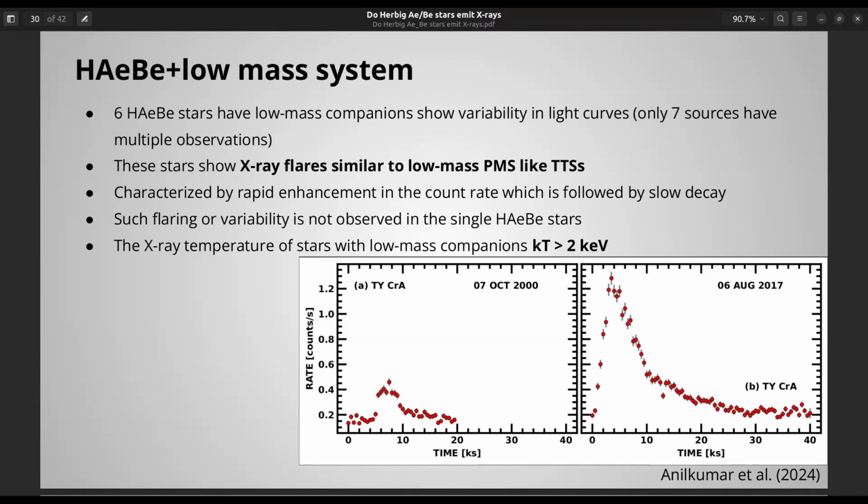But in general, we see these oxygen lines for a very small subpopulation. When we look into the sample for the single stars as well as for cases where companions are there, we are not seeing any clear distinction, but we need to look more carefully along those lines.